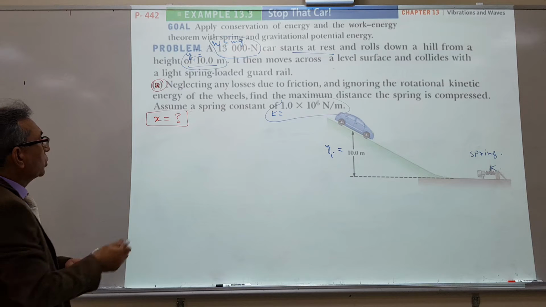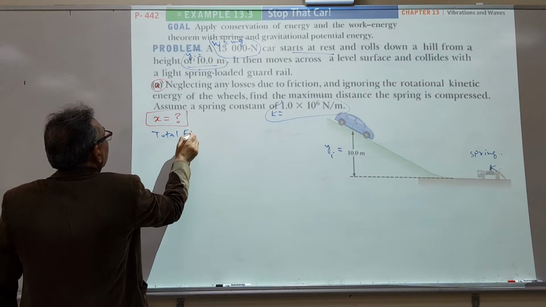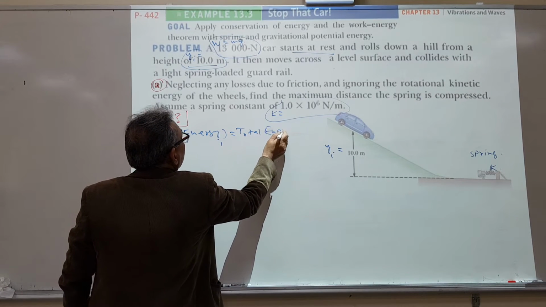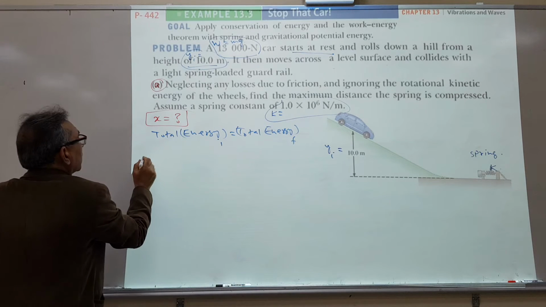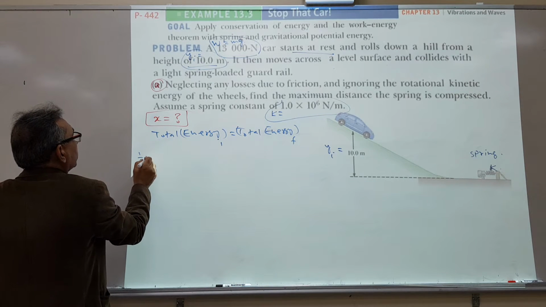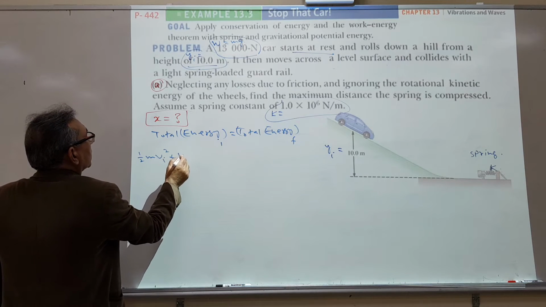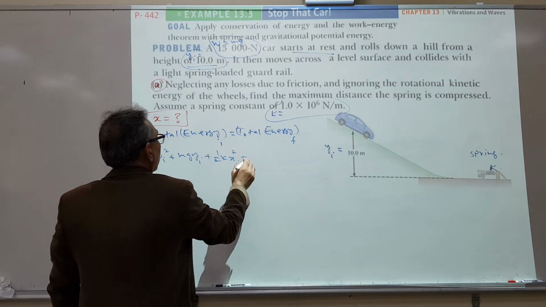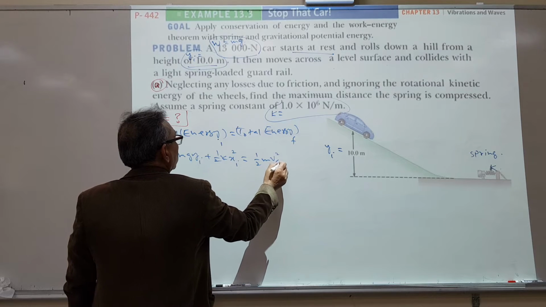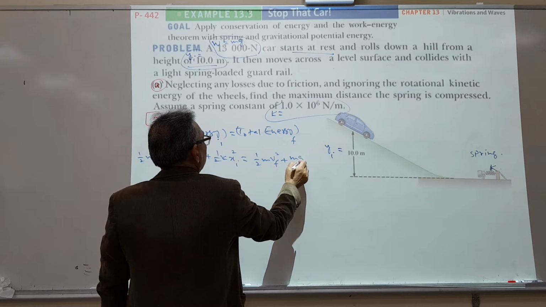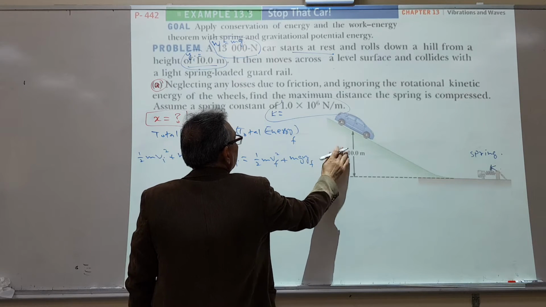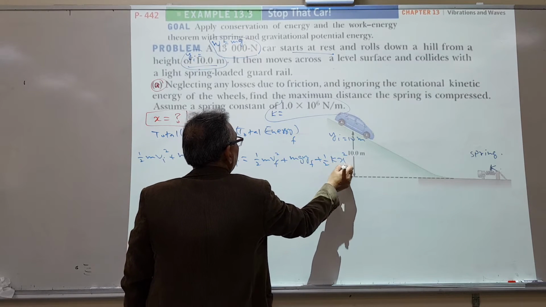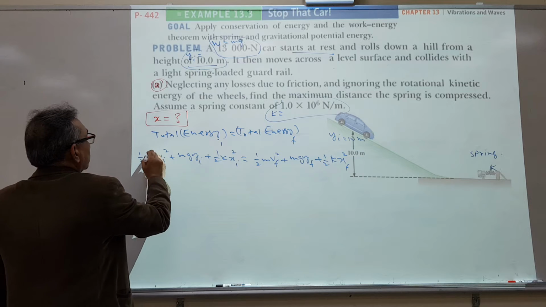You know, total energy initial equals total energy final. So half m vi squared plus m g yi plus half kx squared equals half m vf squared plus m g yf plus half kx squared. Fine. It starts from rest.